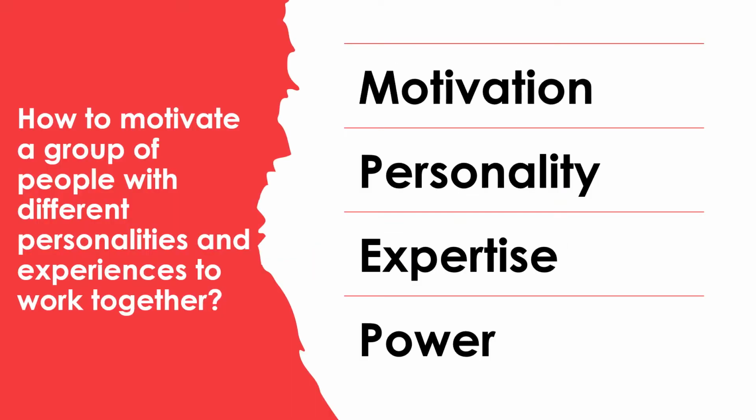If your topic of interest is how to motivate a group of people with different personalities and experiences to work together, then the relevant constructs could be motivation, personality, expertise, and power.